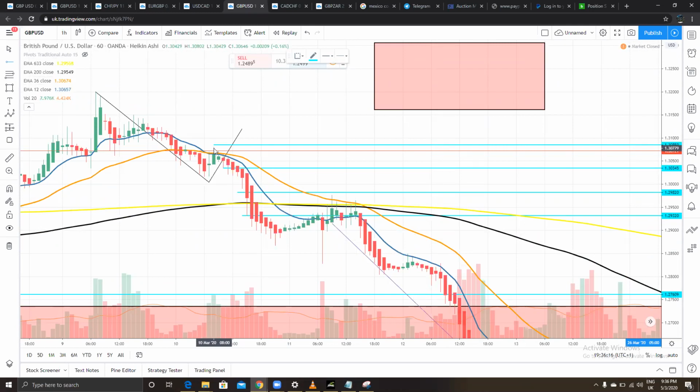So the price has eventually come below the 200 EMA and the 633 EMA, which means we have confirmed that the bears are now in position. So what's the point of me taking a sell position when I'm taking it in the bull territory? You see the reason why it's an aggressive entry over there.